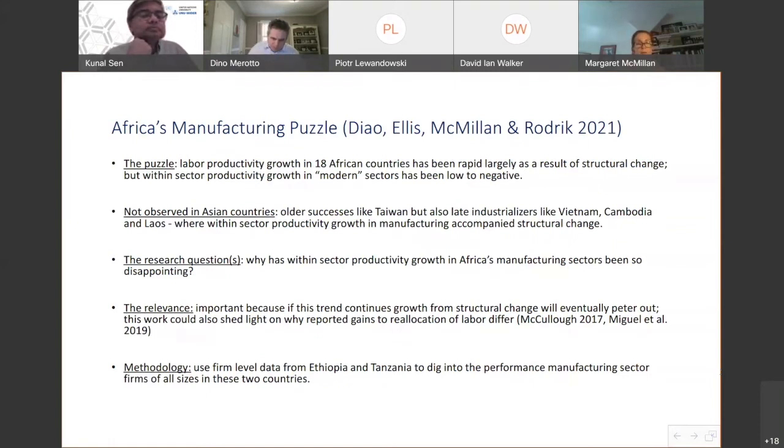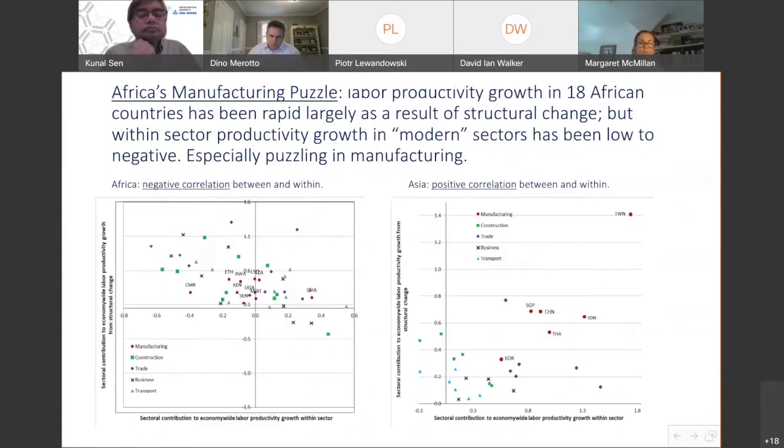So if this continues, what we'll have is stagnation unless productivity growth can be driven by the agricultural sector. We find this in manufacturing, which is especially puzzling because we think of manufacturing as the canonical modern sector. So what we're going to do is use firm level data from the manufacturing sector from Ethiopia and Tanzania to try to better understand what's happening.